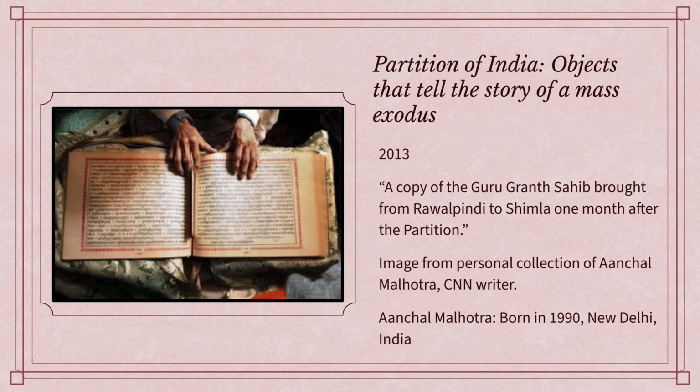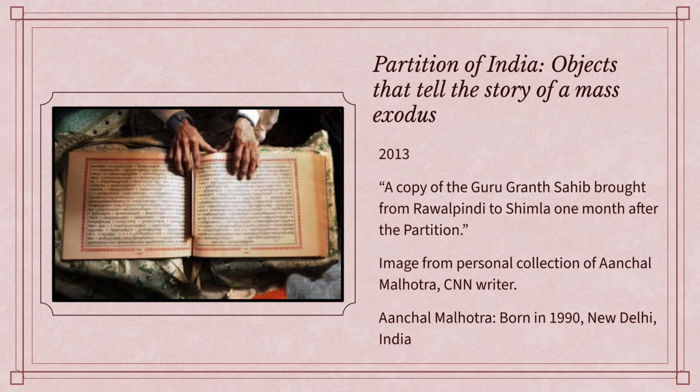She didn't witness it herself, but she took the time to look at artifacts, photograph them, and share them. And in one of them is the Guru Granth Sahib, which is the holy book of Sikhism, which was found in certain regions like Punjab and Bengal, but not as important as Hinduism and Muslim, which I just find to be almost poetic in a way.